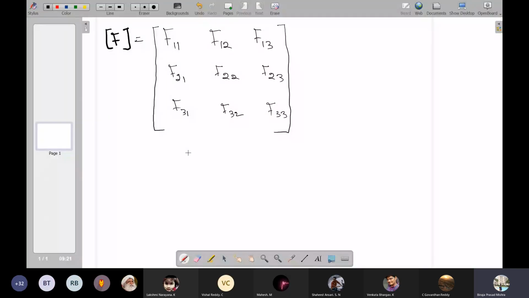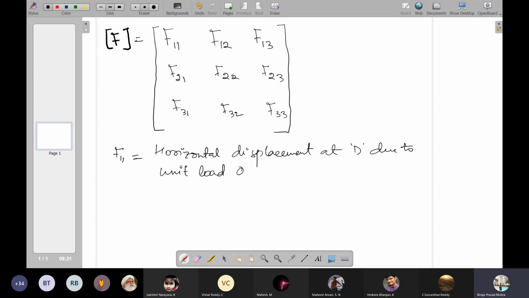Okay, so next is the flexibility method. So now this F11, what is this F11? F11 is the horizontal displacement at D due to the unit load Q1.